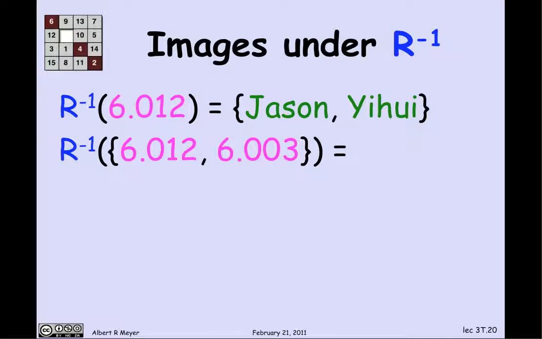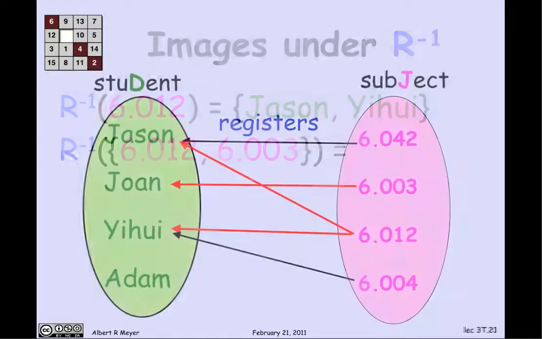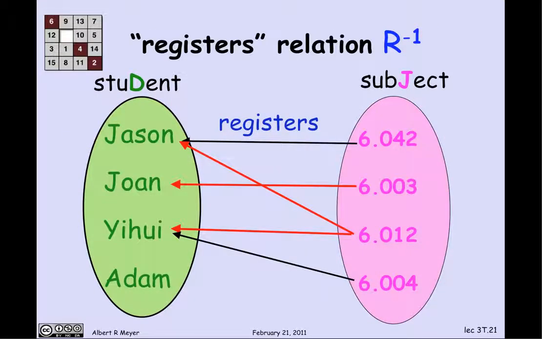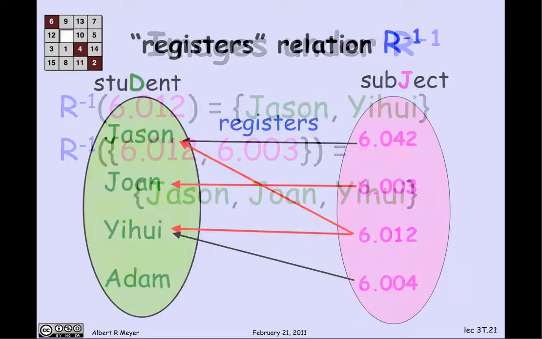R inverse of 6012 and 6003? Well, same deal. Let's look at 6003 and 6012 and look at all the students that are registered for either one of them. Now it's Jason, Joan, and Yihui, shown by those red arrows. Those are all the arrows coming out of those two courses, 003 and 012.